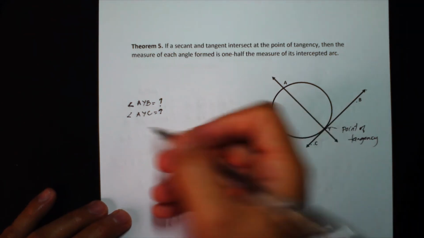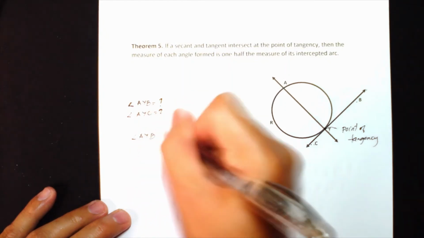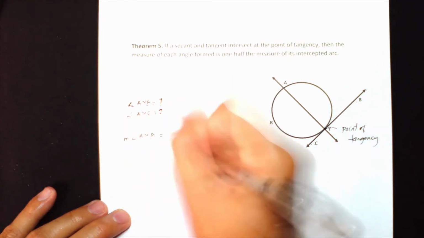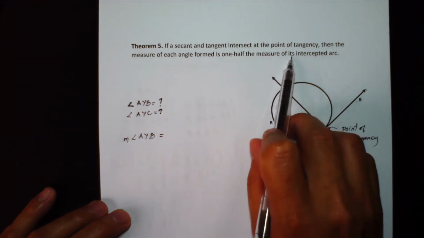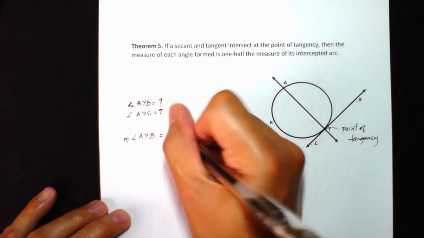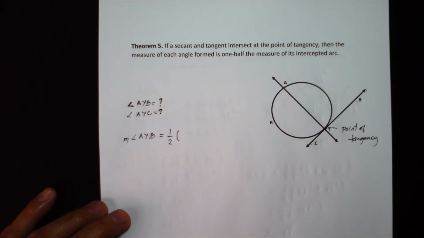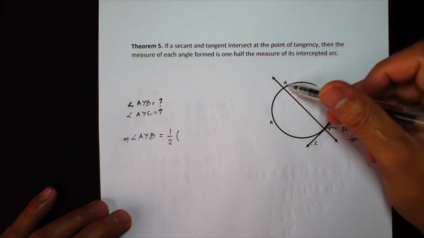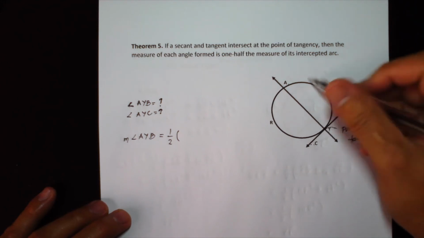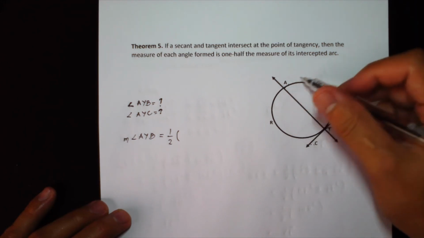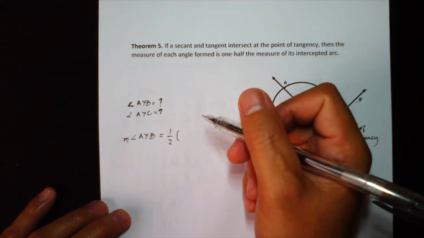Let's start with angle AYB. Based on the theorem, it is equal to 1/2 of the measure of its intercepted arc. What is the intercepted arc? It is arc AY.